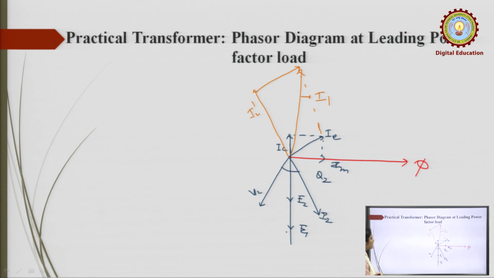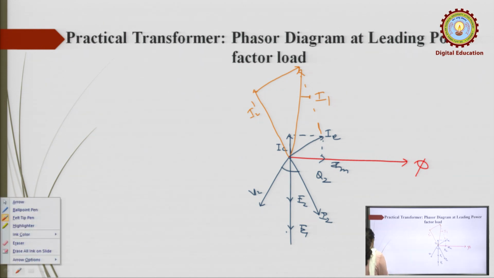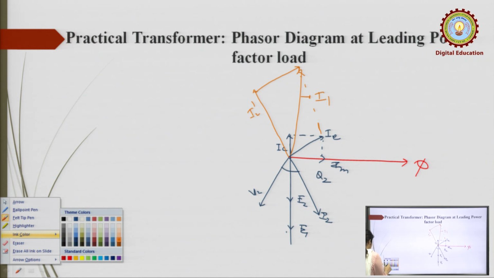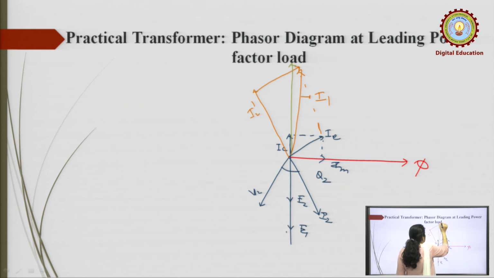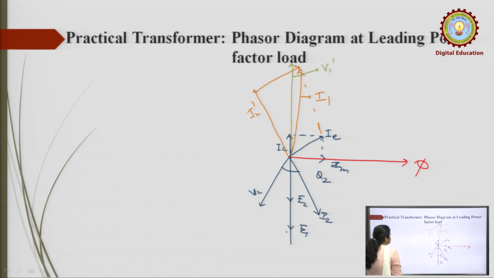And suppose this is your V1 dash, where V1 is equal to V1 dash plus I1 R1 plus I1 jXL1, and I is equal to IM plus IC.